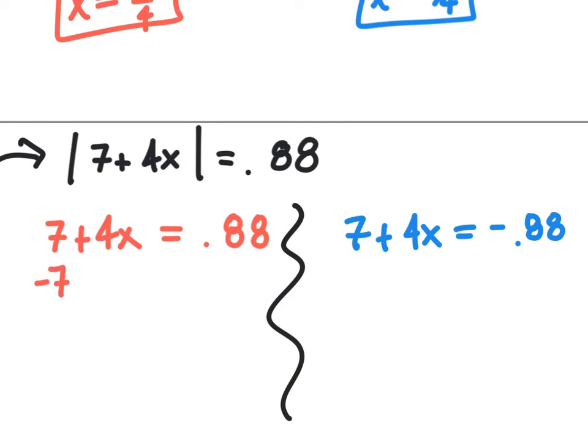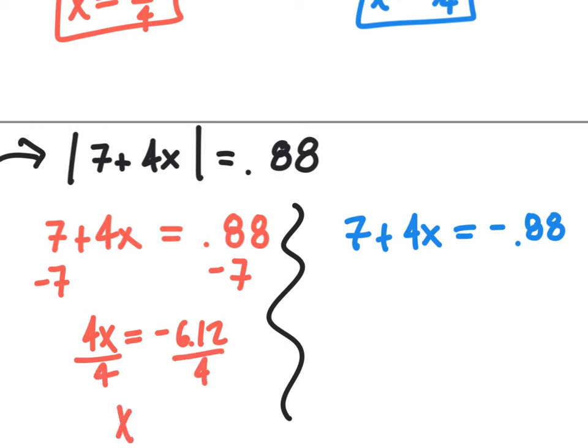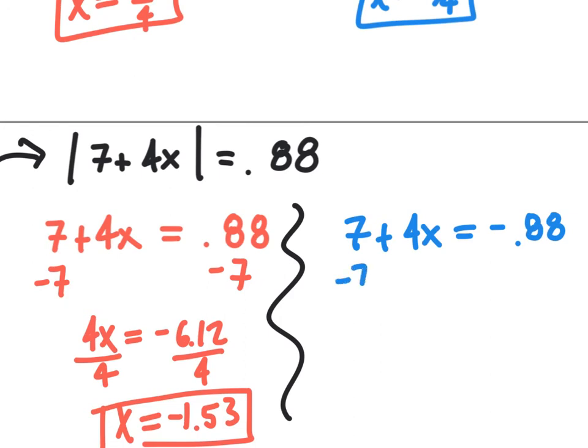Here I'm going to subtract 7 on both sides. If I take 0.88 and subtract 7, that gives me that 4x is equal to negative 6.12. Divide by 4, divide by 4, and that gives me that x is equal to negative 1.53. That's the first one. The second one is just solving that equation for x.